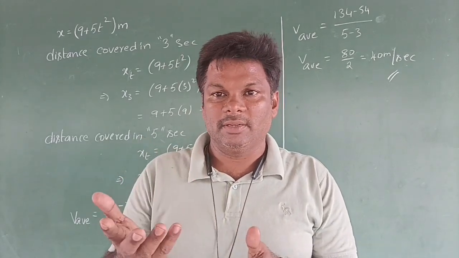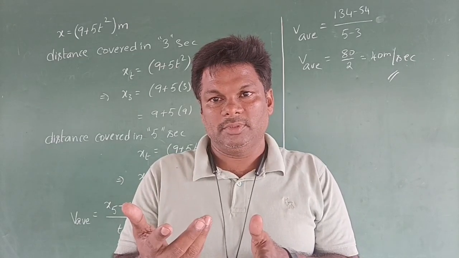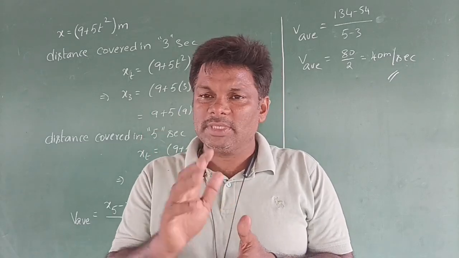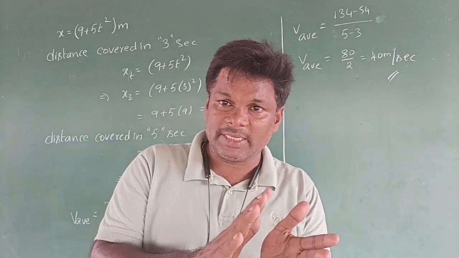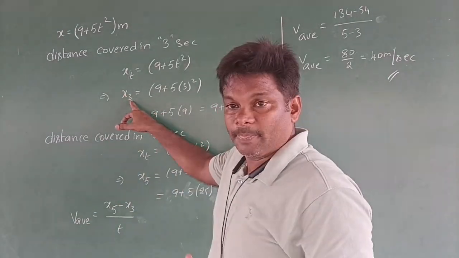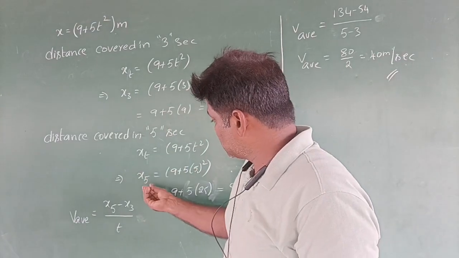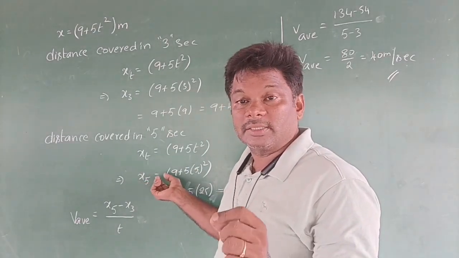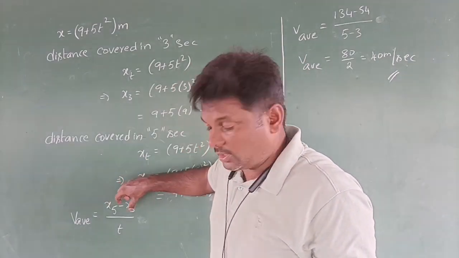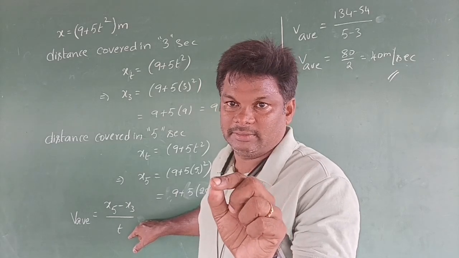Suppose he gives: find the average velocity during the interval between 7 seconds and 10 seconds. You just substitute 7 here, then you will get the distance covered in 7 seconds, and here you substitute 10, then you will get the distance covered in 10 seconds, and substitute the values here. The time will change because 10 minus 7 is equal to 3.